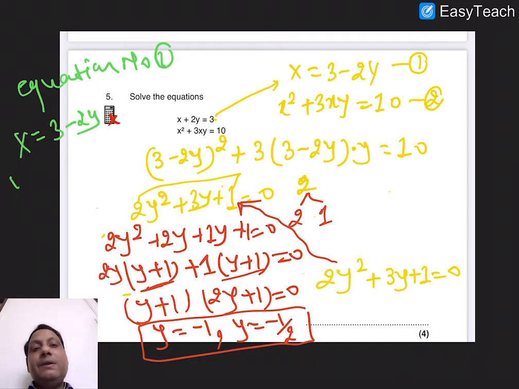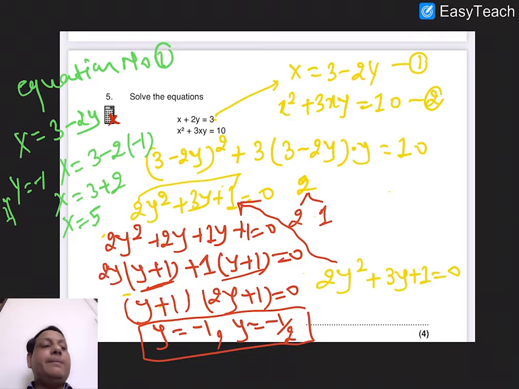So you put in the place of y. If y is minus 1, then x is going to be 3 minus 2 into minus 1. So x is equal to 3 plus 2, x is equal to 5. So one solution we got. Finally you can write the solution here: 5 comma minus 1.